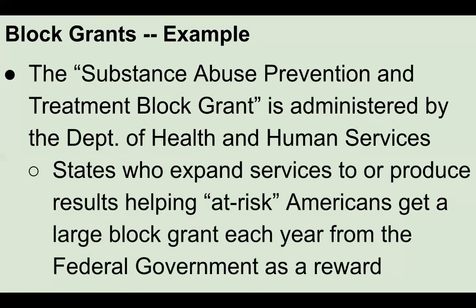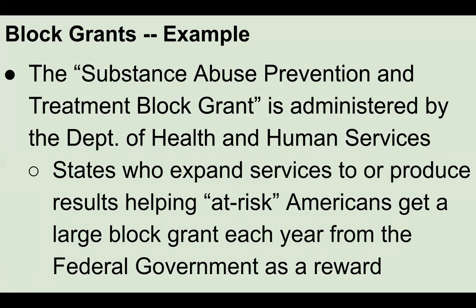So basically, states who expand their services to at-risk Americans, such as pregnant teenagers or really poor homeless people, states who go out of their way to put services together to help those people with their health care, will get a block grant from this program.